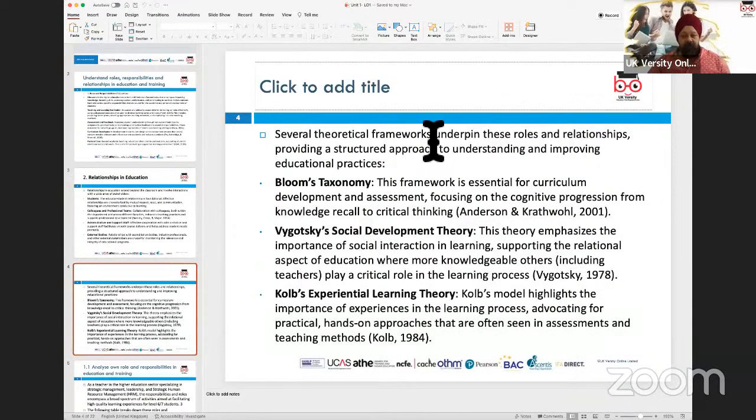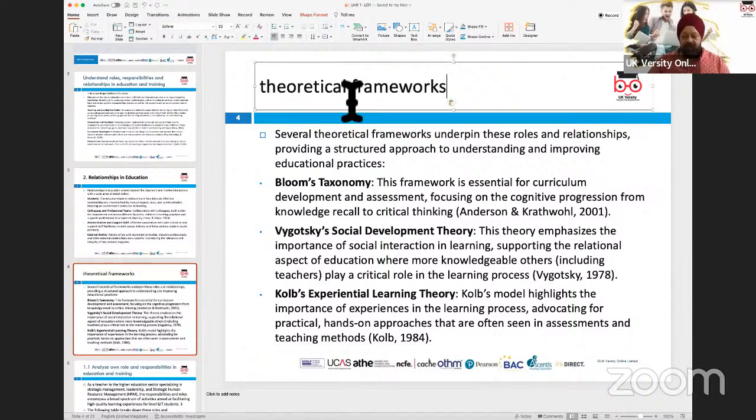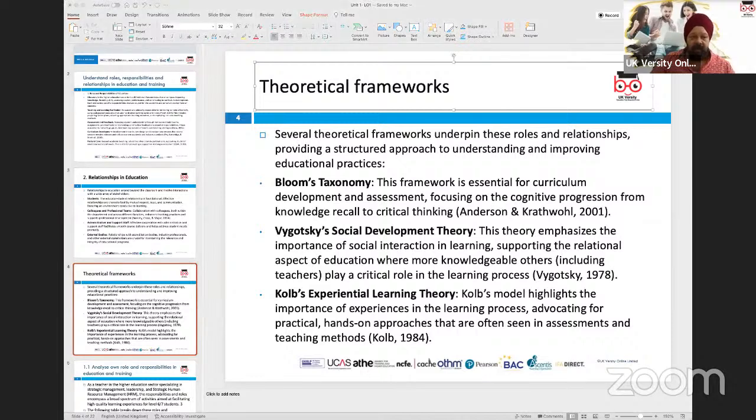Now, in terms of the theoretical frameworks that we've studied in Unit 3, when we talk about relationships and understanding our roles within the education sector, the first thing that we look at is primarily Bloom's taxonomy. It tends to be the pyramid wherein he proposed that when we look at developing the curriculum or creating a framework, the framework is based on knowledge, then it goes to understanding, application.